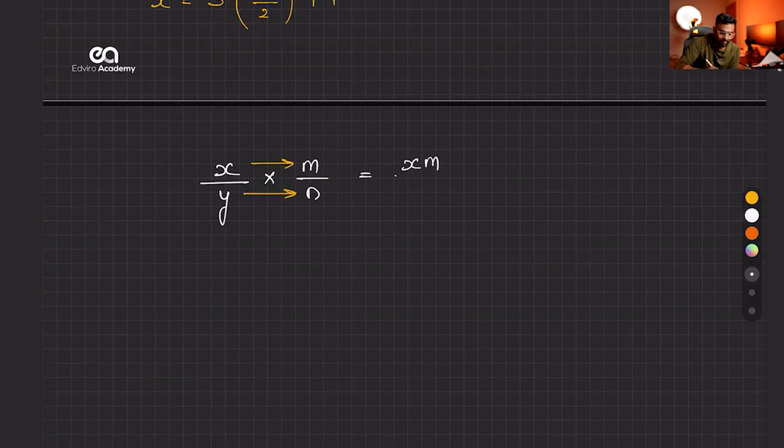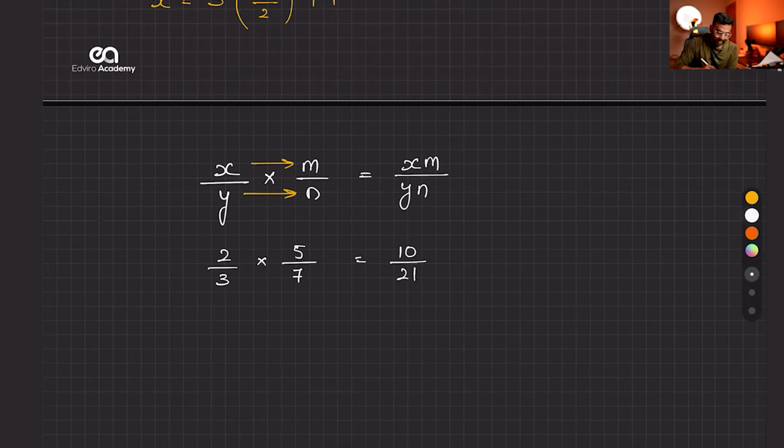So this is xm over yn. Just like 2 by 3 times 5 by 7, this would become 10 over 21. Clear? You just multiply straight.